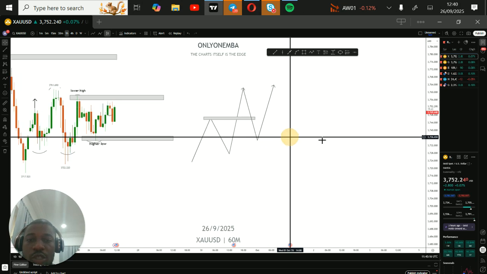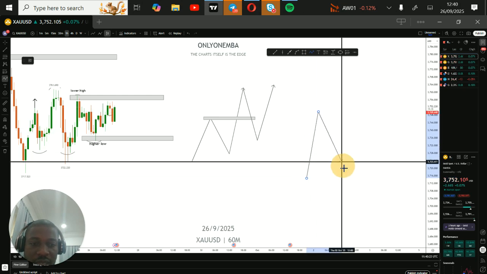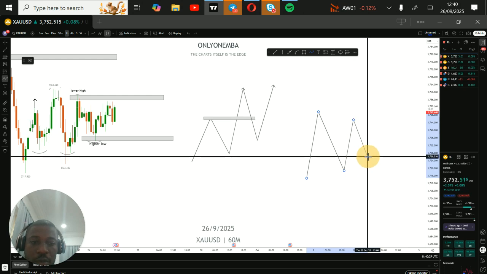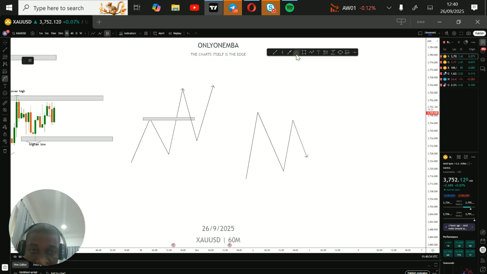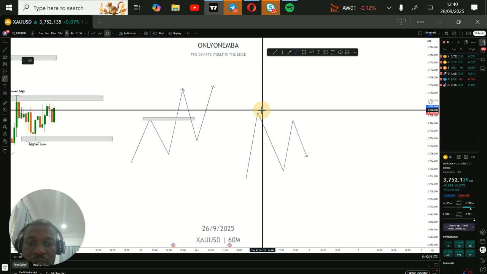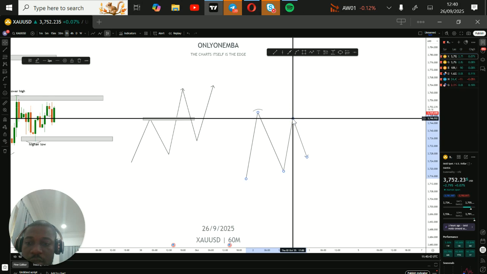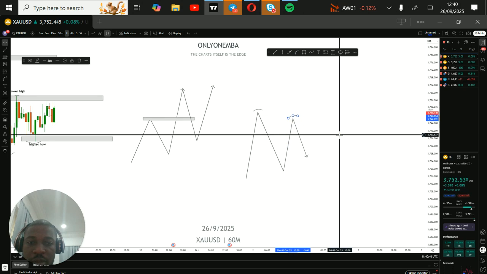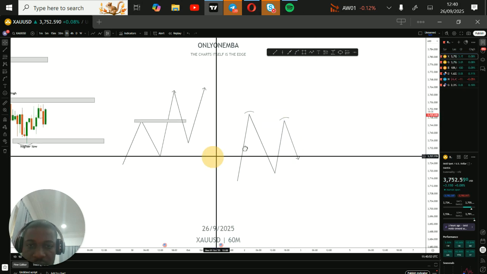So in a situation whereby we initially had higher highs and then a higher low, and then price pushed like this. Last time I said that if we call this a higher high, then what are you supposed to call this one? A lower high. Why is it a lower high? Because this high is lower than this high.